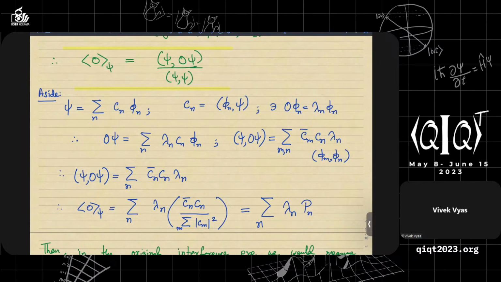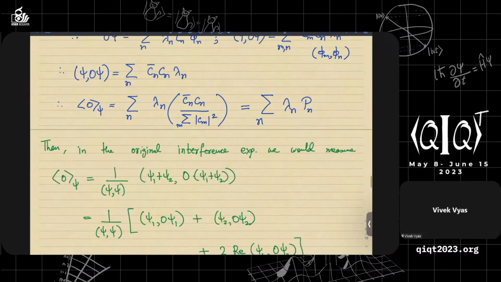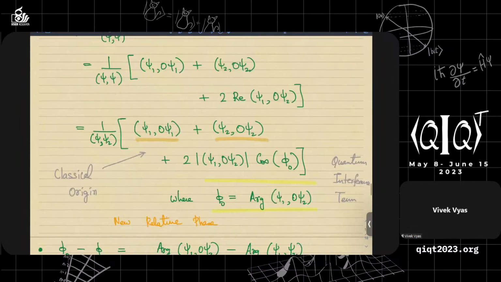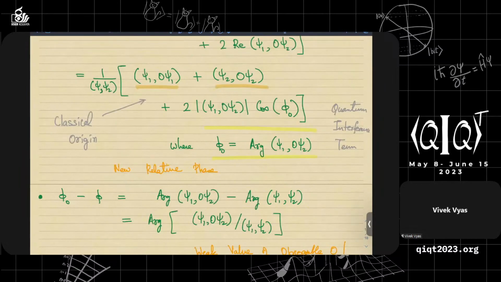So now, suppose we return to our original experiment, and instead of measuring intensity, let us measure the average for some observable O. Now the average would read like this: we have psi1 plus psi2, operate O onto this psi1 plus psi2 state, and take the inner product. If you open the brackets and do a bit of math, you find that here also you have two terms.